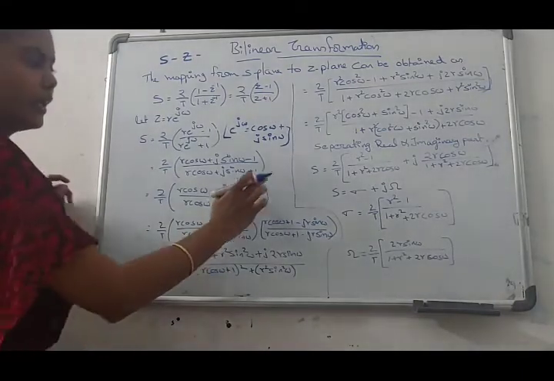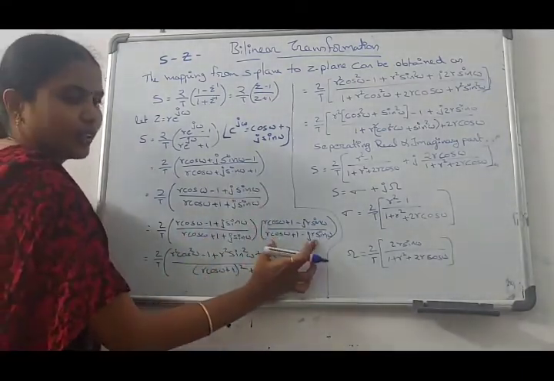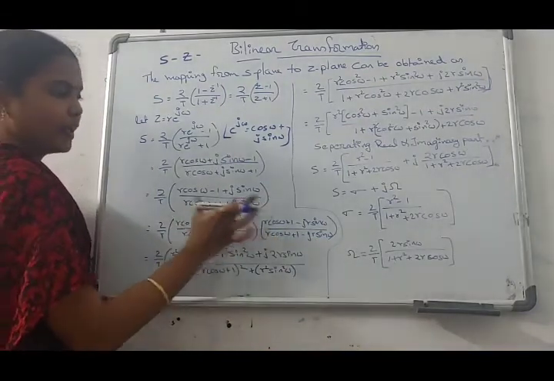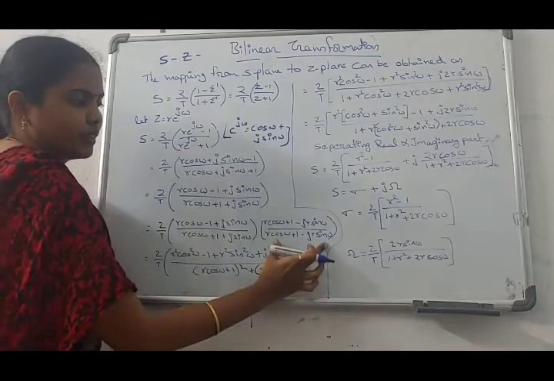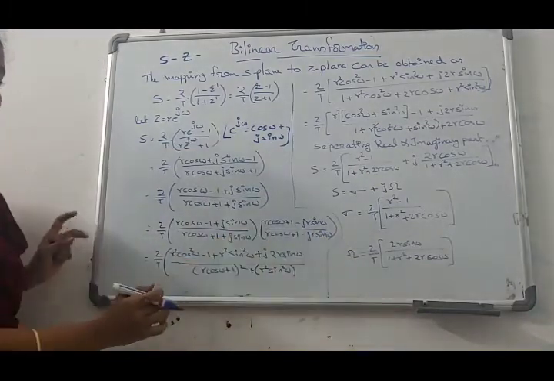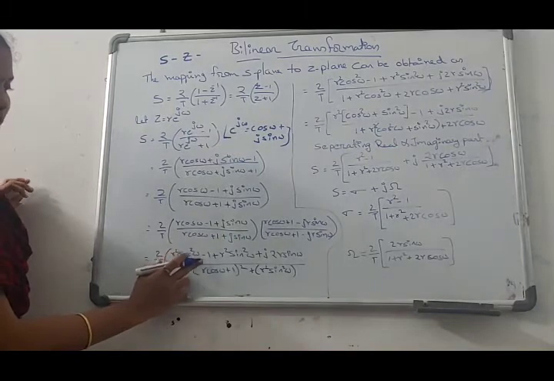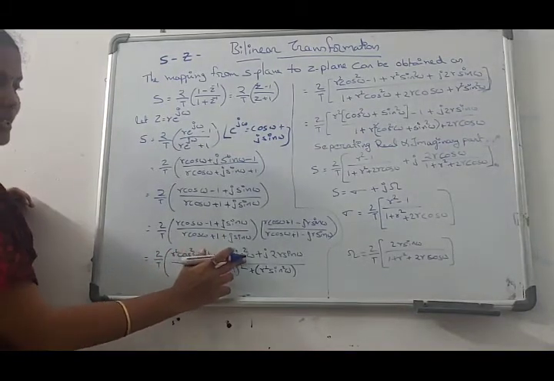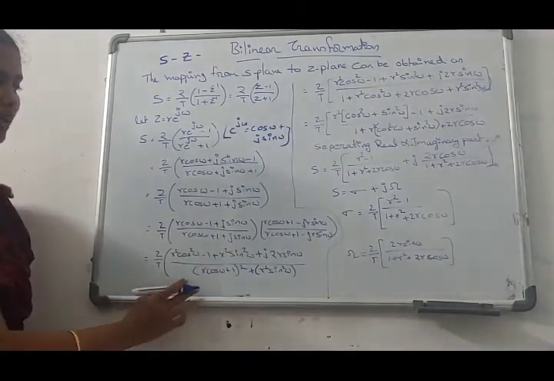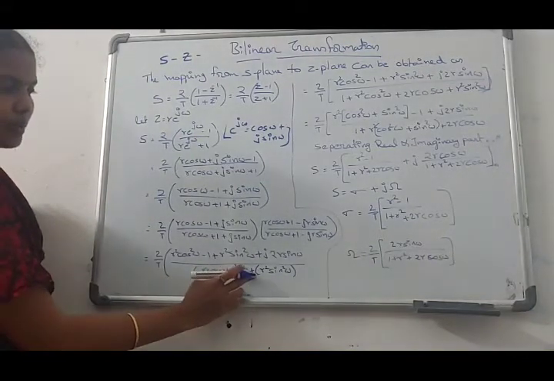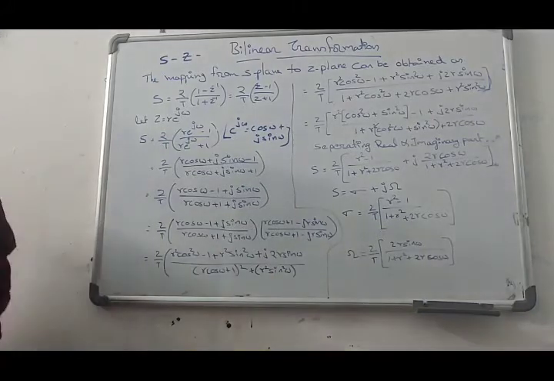Now multiply and divide this whole equation by the conjugate of the denominator. Multiplying these two terms gives r square cos square omega minus 1 plus r square sin square omega plus j 2r sin omega, divided by (r cos omega plus 1) whole square plus r square sin square omega.